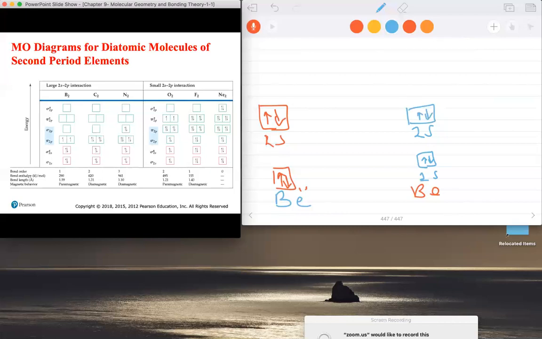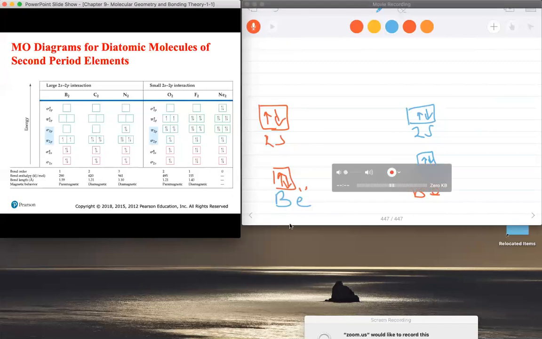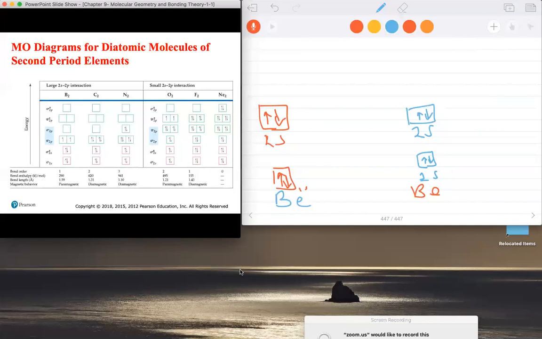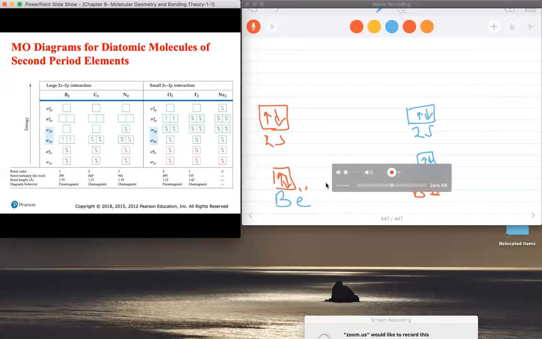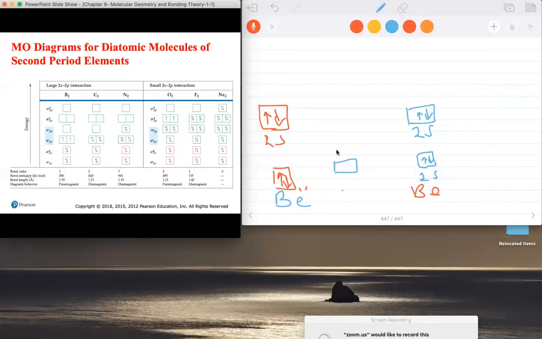Write the electron configuration. I'm just writing the electron configuration on this side. And then atomic orbitals, remember the total number of molecular orbitals equals the sum of atomic orbitals. So here I'll have 2, and you should know that these are antibonding and bonding.